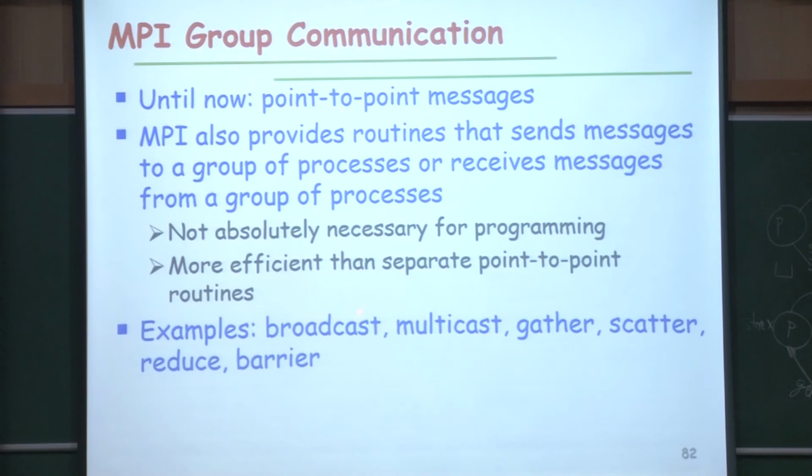So, you can do a broadcast, or you can do a multicast. There are also other commands like scatter and gather. Reduce is another form of group communication. And again, each of these group communications can be restricted to a communication group or can be restricted to the entire set of processes. So, those options are possible. Okay.